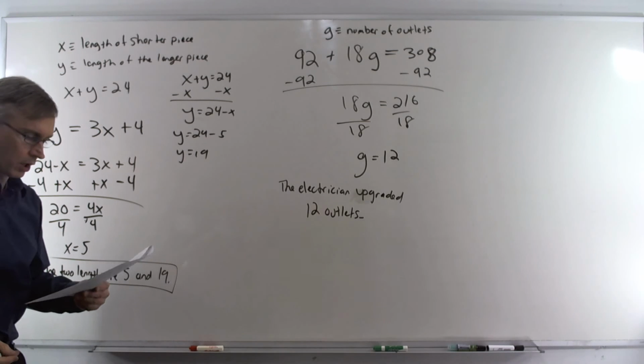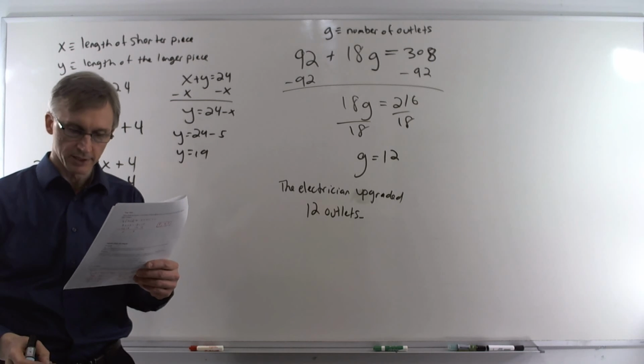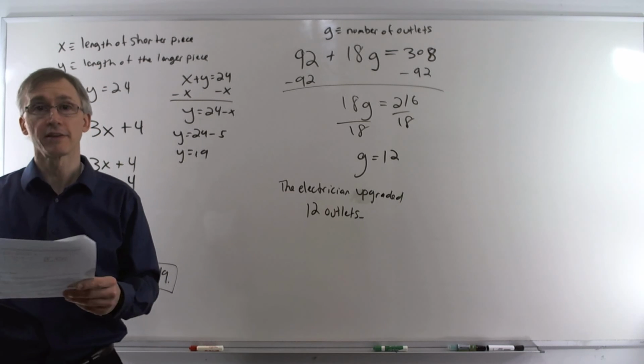Your turn. A wire 24 inches long is cut into two pieces. The length of the longer piece is 6 inches more than twice the length of the shorter piece. Find the length of the two pieces.